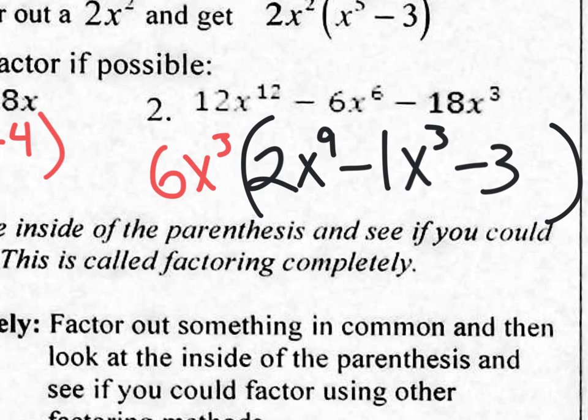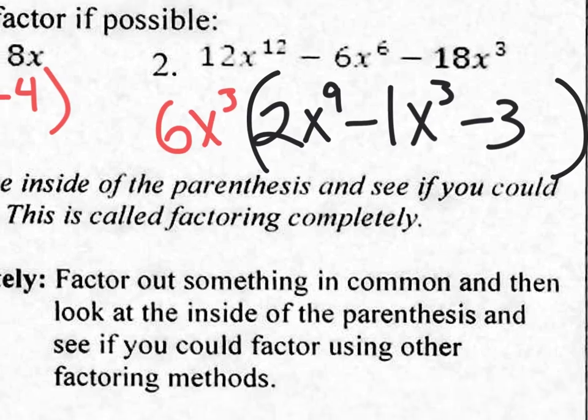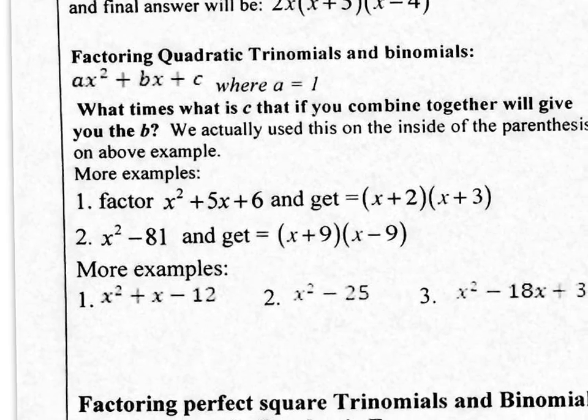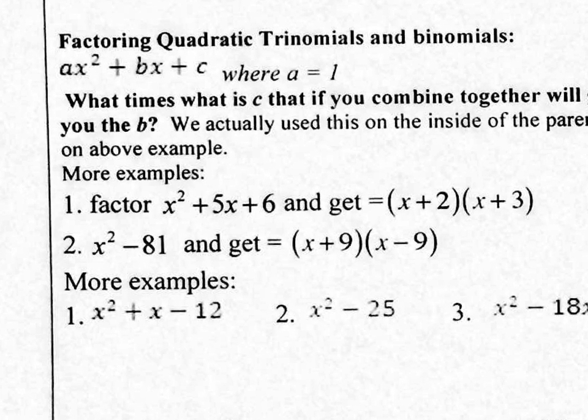Now, of course, you're always supposed to try and continue factoring on the inside, like this. Now, the thing is, right here, you can't factor any further. Sometimes you may have, if we move on to this next section, factoring ax squared plus bx plus c, where a equals 1, that means that there is no number out here in front.